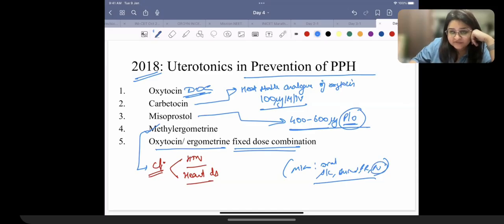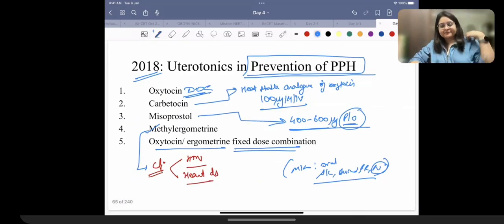PV we usually don't give in a patient who has just delivered because she bleeds a little, so that can get washed out, right. But you can give it by any of these routes. 800 to 1000 is for treatment of atonic PPH. Right now we are talking about prevention of atonic PPH. AMTSL means prevention, prophylaxis. Okay.